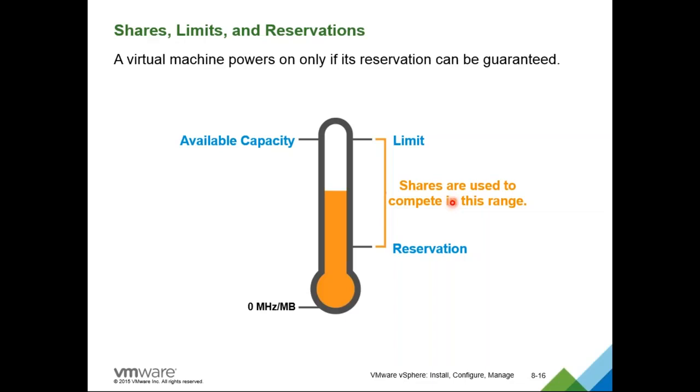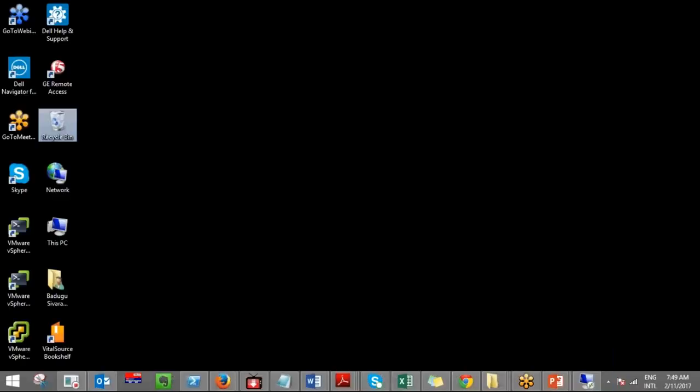If an ESXi host comes under contention and must decide which VM gets access to which resource, VMs with higher shares assigned will have higher priority and therefore greater access to the ESXi host resources. Let me explain it practically.